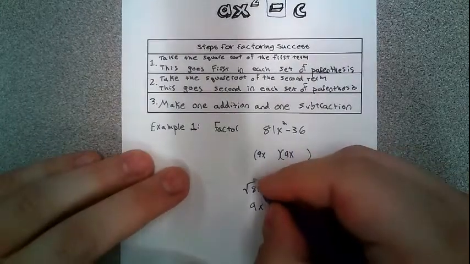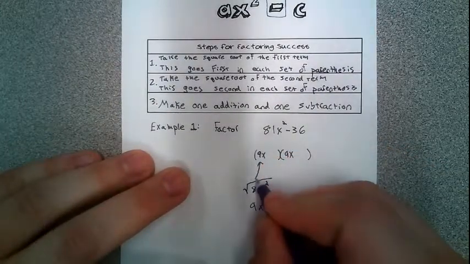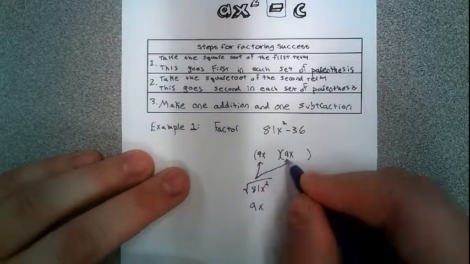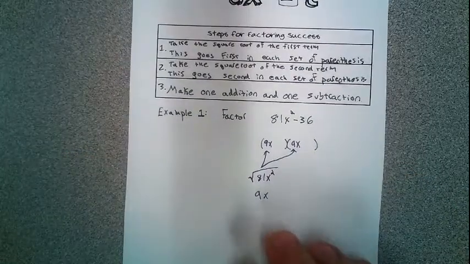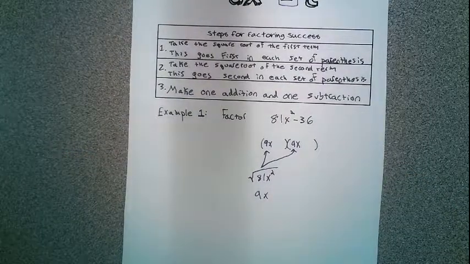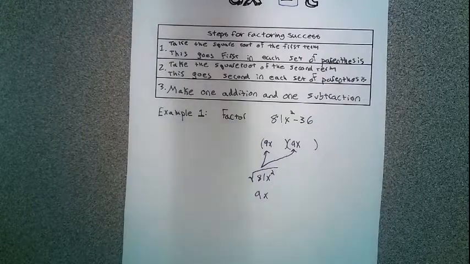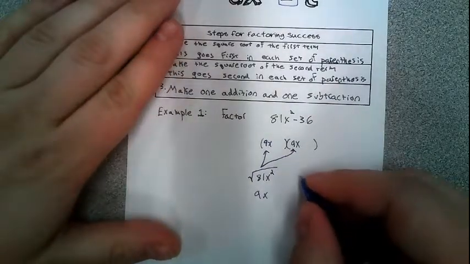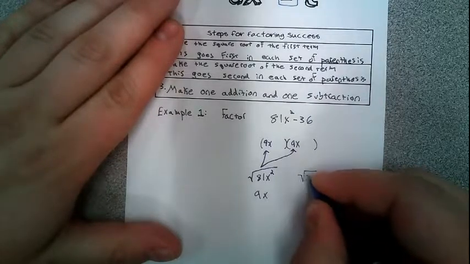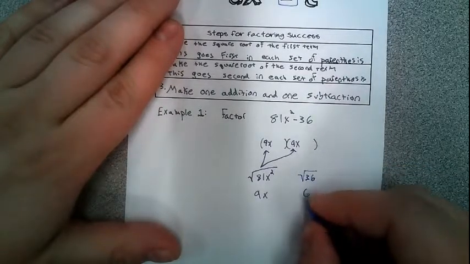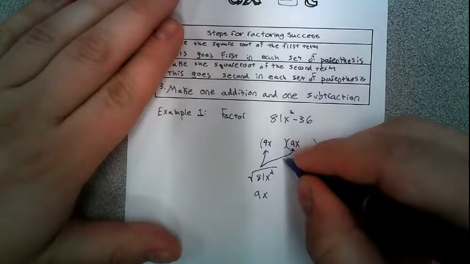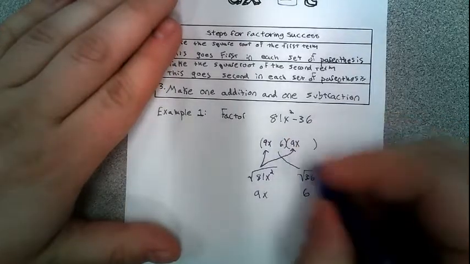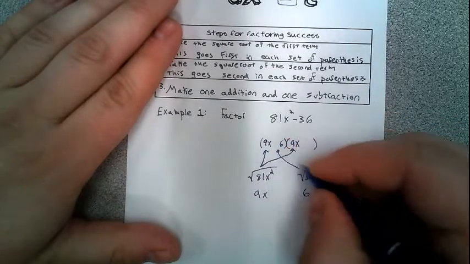That one goes here and here. Step 2 says take the square root of the second term. Well, that's 36. So that's the square root of 36, which is 6. And that number goes here and here.